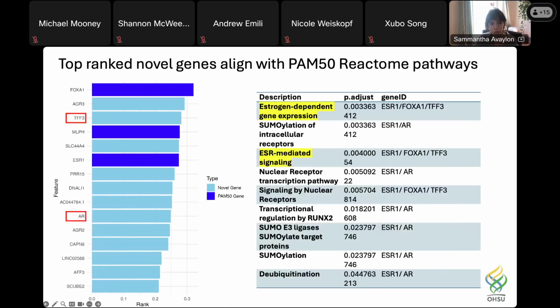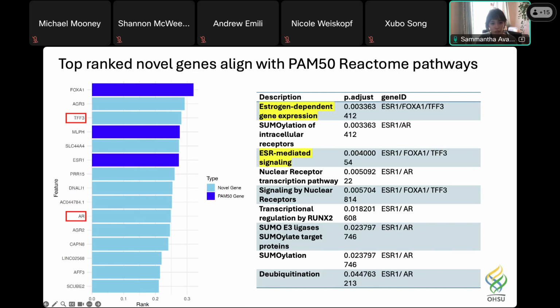And so to determine if our 15 gene set aligns with established biological distinctions between luminal and basal subtypes, we conducted Reactome pathway enrichment analysis of our PAM50 genes, so the 50 genes I showed at the beginning, as well as our 15 gene set.